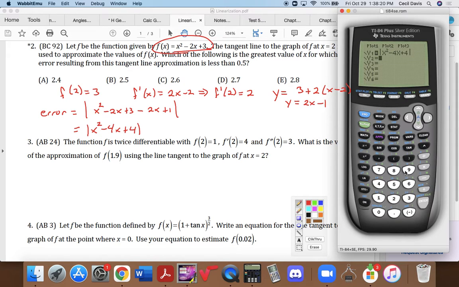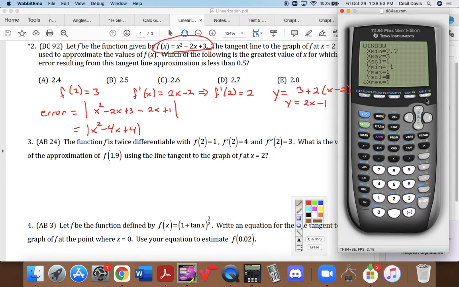And I want it to be less than 0.5. So I'm going to graph y equals 0.5 also. I'll usually go a little bit further to the left and a little bit further to the right. So I'll go, I don't know, 2.2 to 3 with my window. And I don't want to go negative 10 to 10 because I'm only looking for where it's less than a half. So I'll go negative 1 to 1.